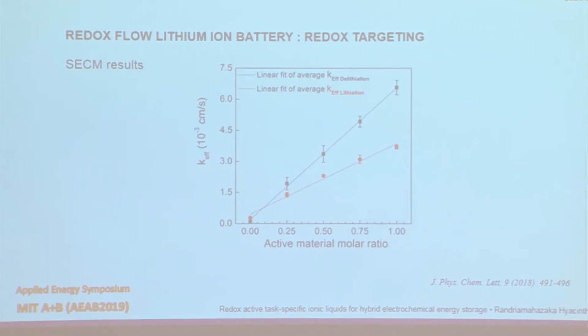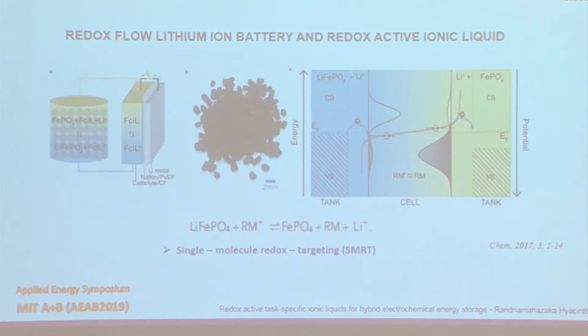The second point we have also shown is that the kinetics of delithiation is higher than the kinetics of lithiation. We can explain this main difference by the fact that during the lithiation, during this intercalation, we need more energy, and it explains the decrease of the rate constant. Okay, but now we try to go beyond.